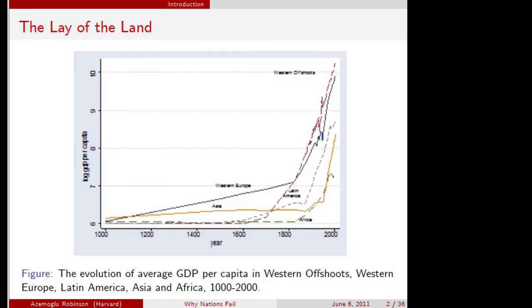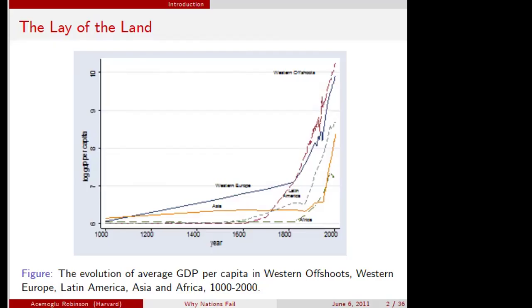And that is exactly where we will pick up today with the question of why, if inclusive institutions are so beneficial, then why don't all the countries just adopt them? That is the puzzle, and that is the basic question: if all of the world knows that inclusive institutions are so good and so beneficial, then why are some countries poor?